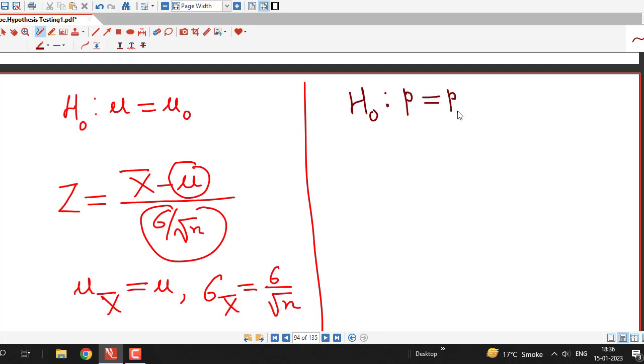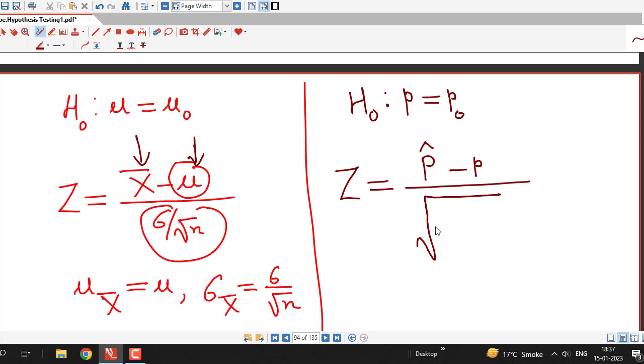So our null hypothesis is that the population proportion equals some fixed constant, say p0, and here also our test statistic is a standard normal random variable. Instead of the sample statistic x bar, here we have the sample proportion minus the mean of the sample proportion, which is small p, divided by the standard deviation of the sample proportion, which is square root of p times 1 minus p divided by n.